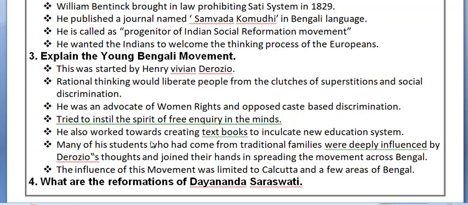He also worked towards creating textbooks to inculcate the new education system. Many of his students who had come from traditional families were deeply influenced by Derozio's thoughts and joined hands in spreading the movement across Bengal. The influence of this movement was limited to Calcutta and a few places in Bengal.